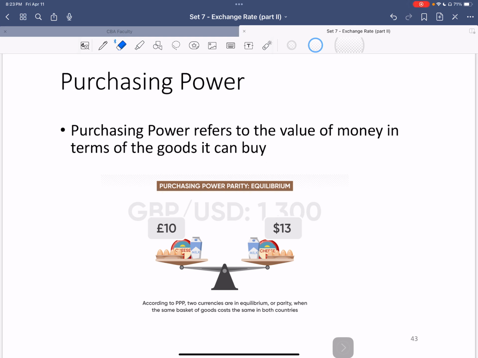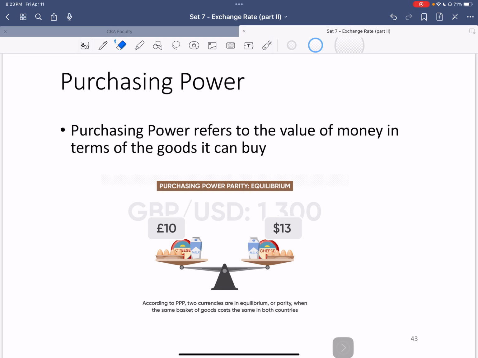We can actually use it to understand the purchasing power of our money. Purchasing power refers to the value of money in terms of the goods it can buy. What is the purchasing power of $1? I can buy an apple in the US with $1.